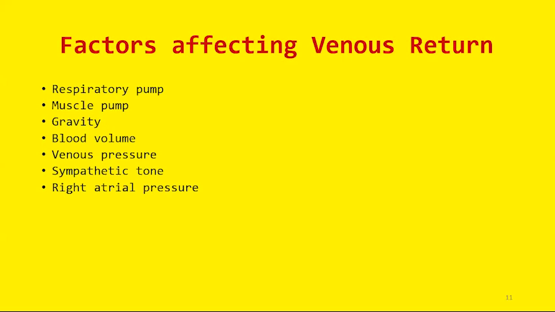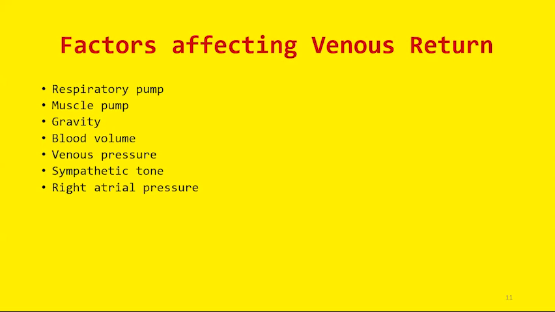Now, right atrial pressure is a very important factor. This factor inversely affects venous return. By venous return, we mean the blood entering from the periphery into the right atrium.